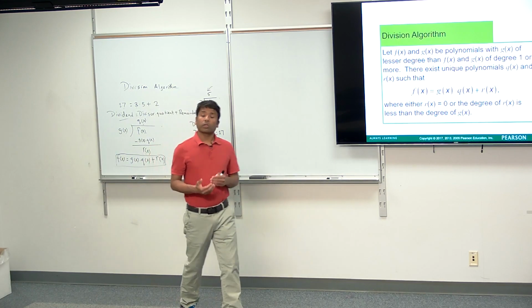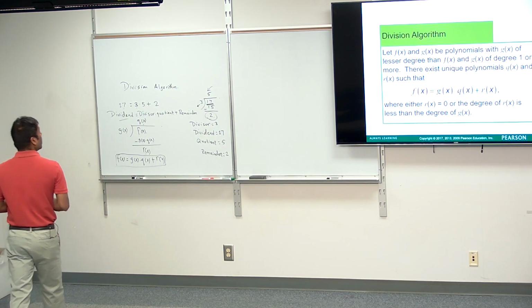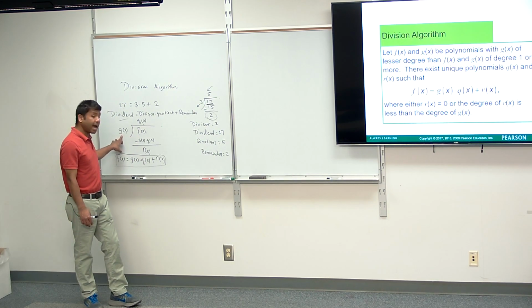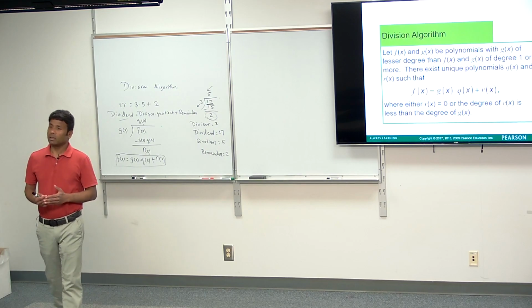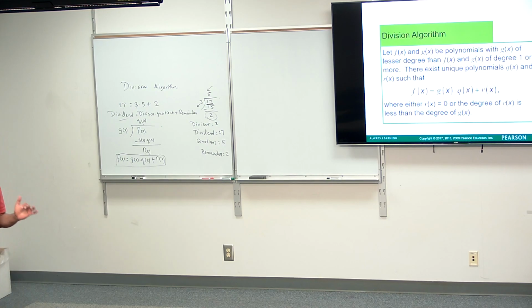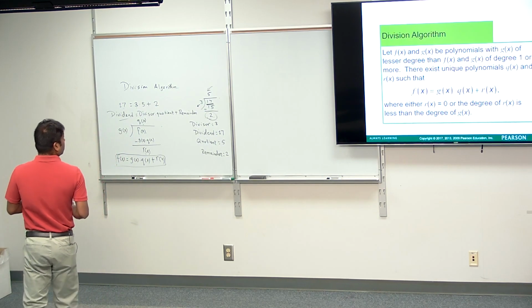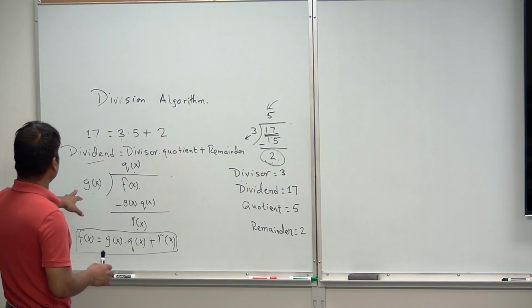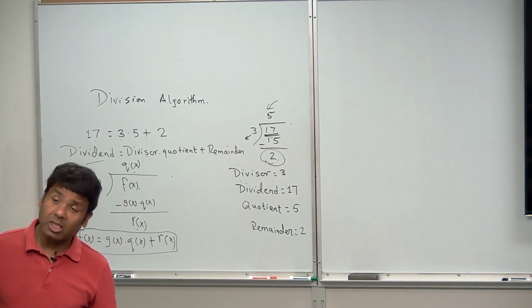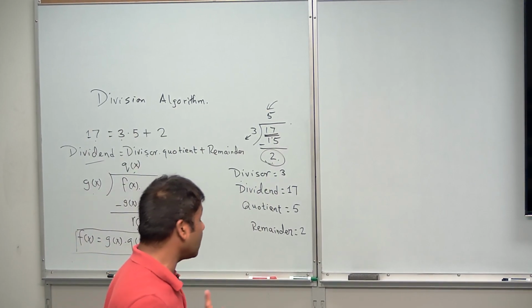Now, let f(x) and g(x) be two polynomials, with the degree of g(x) less than the degree of f(x), and the degree of g(x) at least 1.